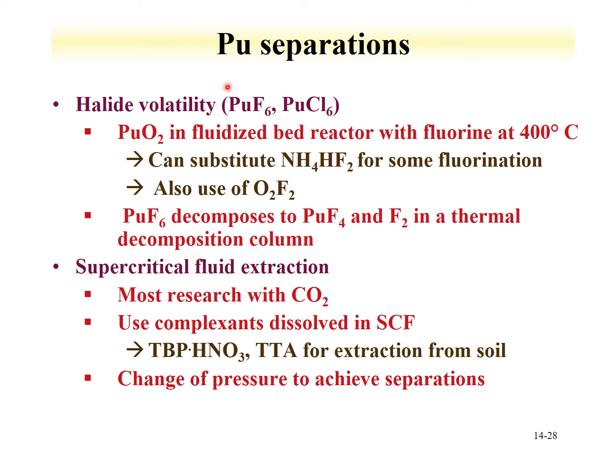The resulting hexafluoride species is volatilized. When this enters a thermal decomposition column, the plutonium hexafluoride species reduces to the tetrafluoride, which is not volatile, with the formation of fluorine gas. And this is a way of achieving a separation and then a recovery of the material.